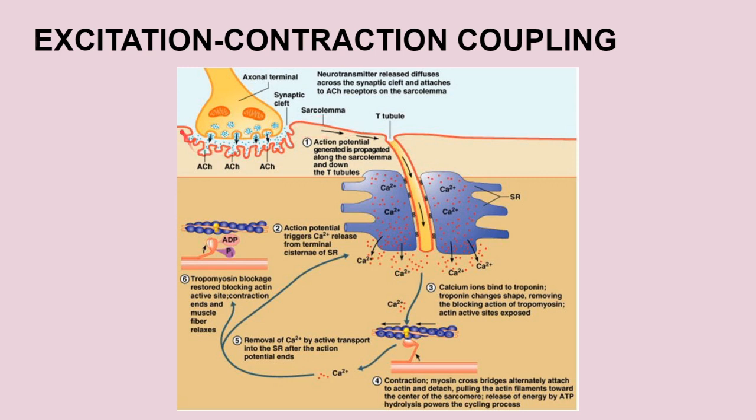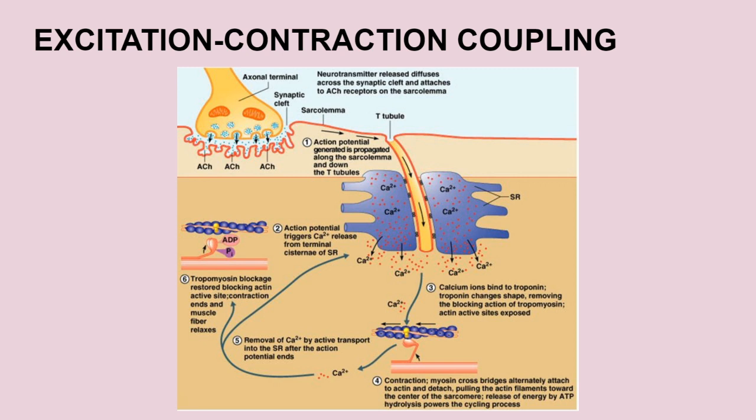Now this end plate potential, if you remember, I told you that it should be more than minus 60. The normal RMP value of a muscle is around minus 90. Because of the depolarization caused by this end plate potential, the RMP changes from minus 90 to minus 60 or 65.